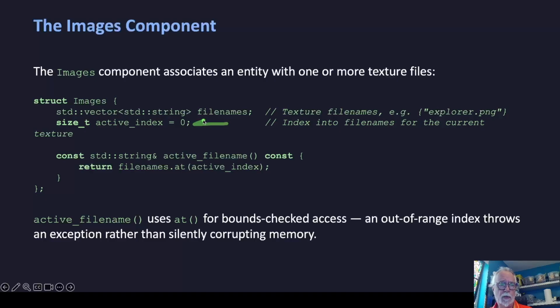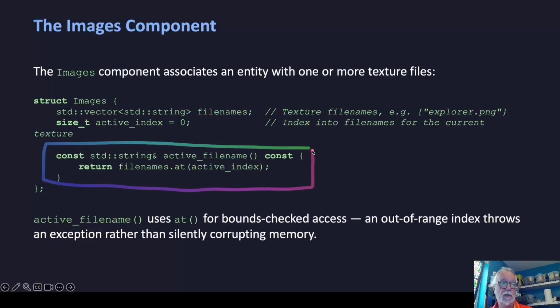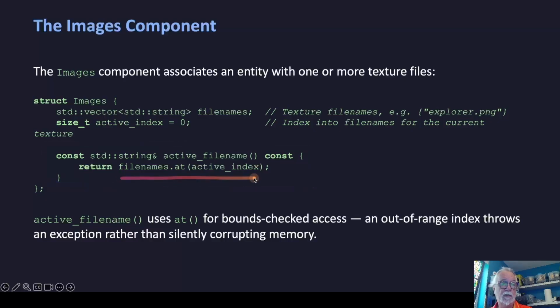I also need to keep the index of the current image that's associated with this entity. And then I'm going to use the file names at the active index, which allows me to do bounds-checked access. If for some reason my active index becomes corrupt, it's going to throw an exception, and I can go and debug it.